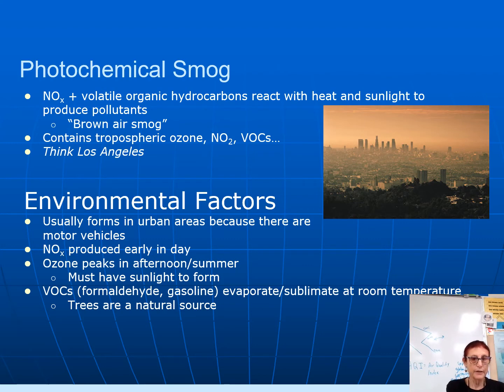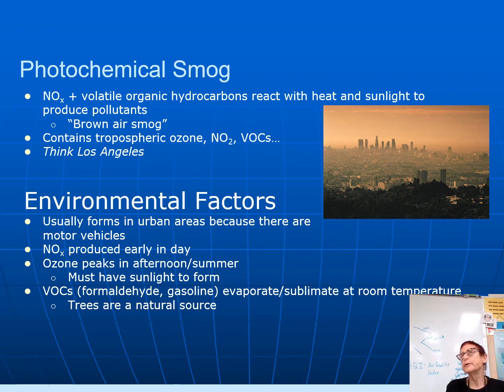And if you look at the sequence of events, and we'll look at the graph in a moment, nitrogen oxides, NOx, are produced early in the day, ozone peaks in the afternoon. VOCs you can get also from some of your different sources.